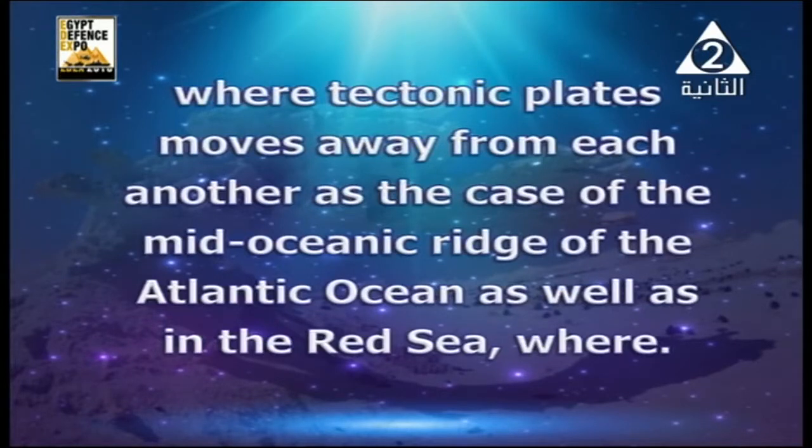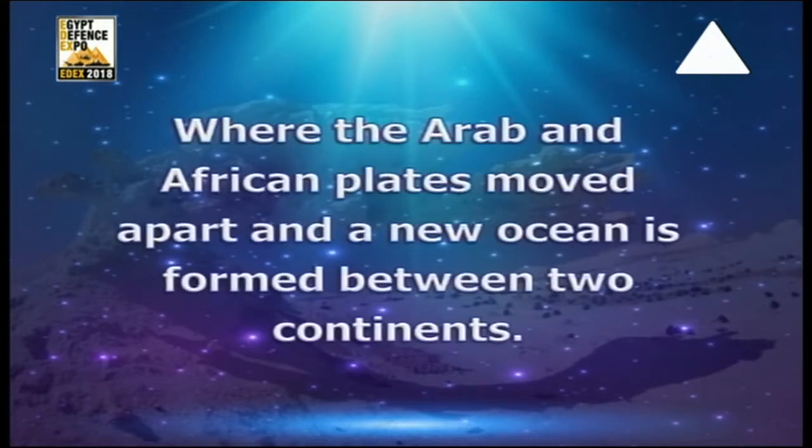The mid-oceanic ridge of the Atlantic Ocean, as well as the Red Sea, are examples. Also, the Arab and African plates moved apart and a new ocean is formed between the two continents. This is the case in the Red Sea.